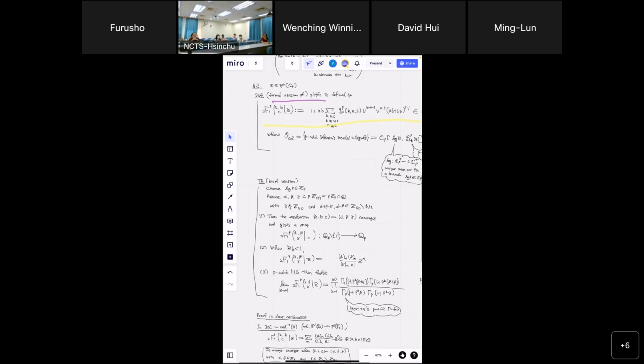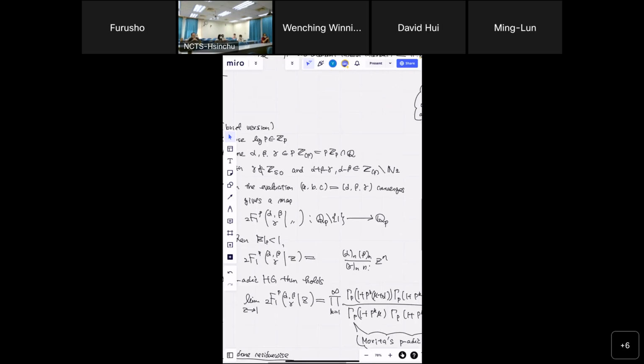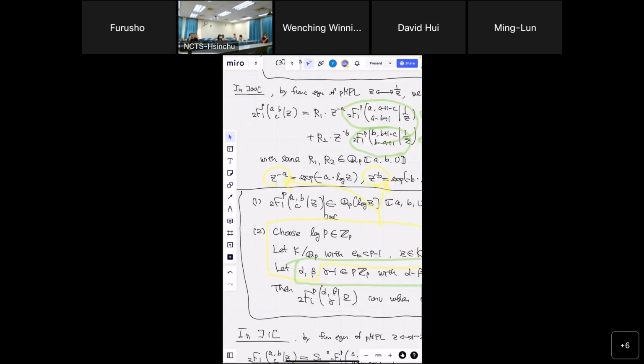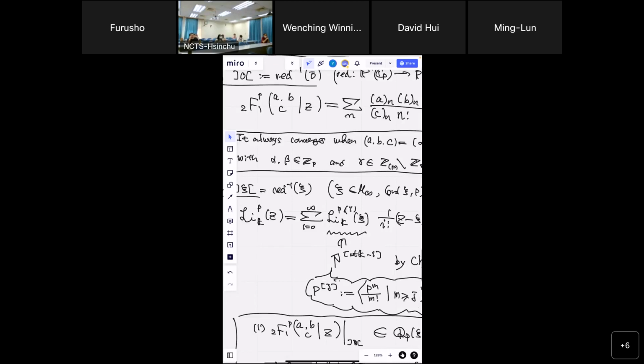Any of this term does not appear in the case of the log p-adic hypergeometric function, so all of them are new. Dubourg's p-adic hypergeometric function is not defined on the full space. For example, it is not defined in the neighborhood of infinity, and even so, only for specific results, maybe half of them.